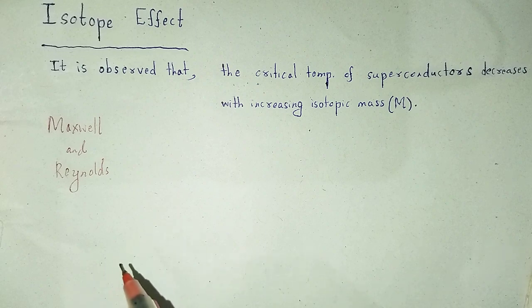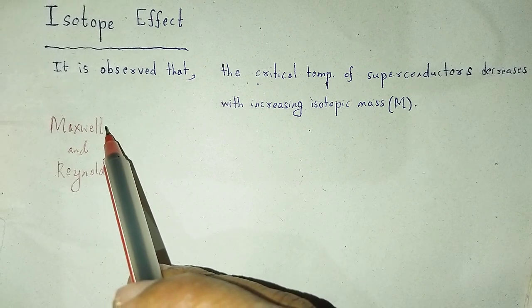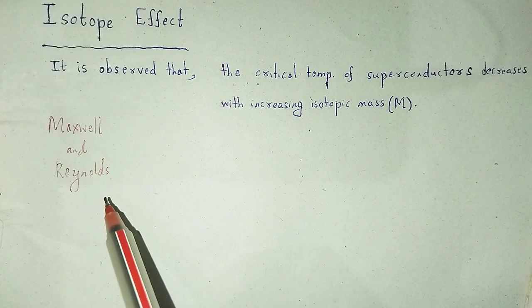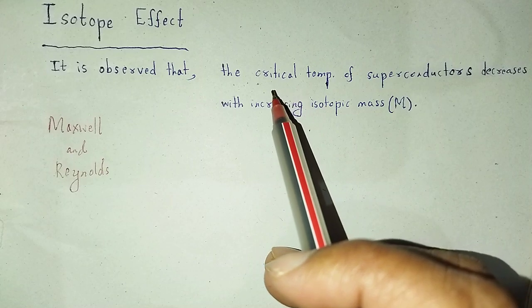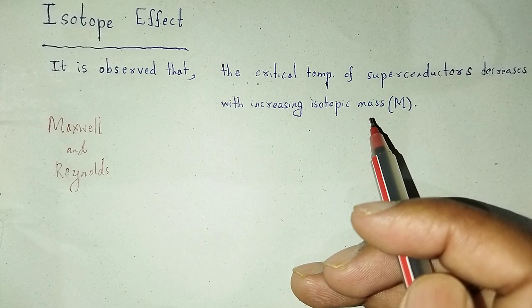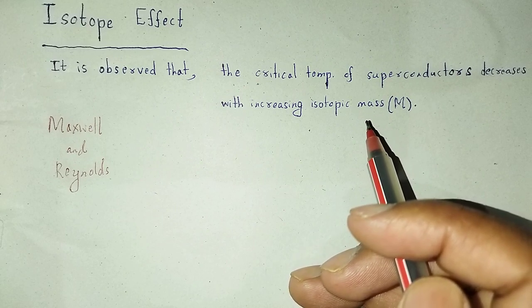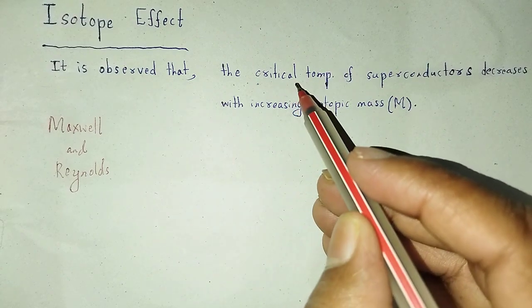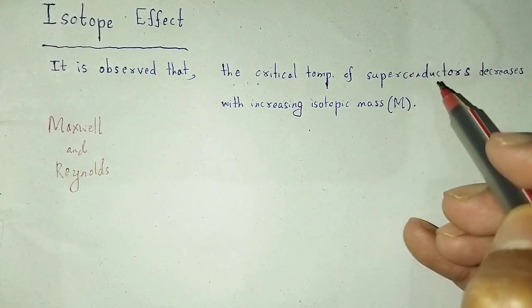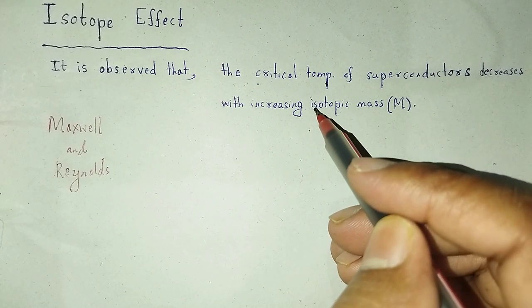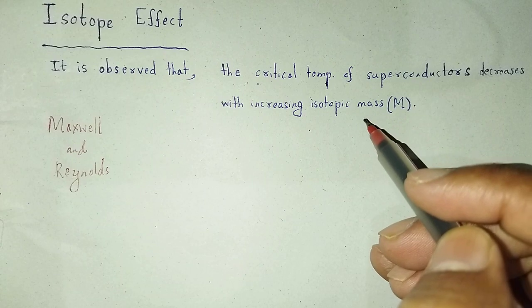Further observations continued, and the two scientists Maxwell and Reynolds observed that the critical temperature relates to the isotopic mass of the specimen. According to their observation, the critical temperature of superconductors decreases with increasing isotopic mass.